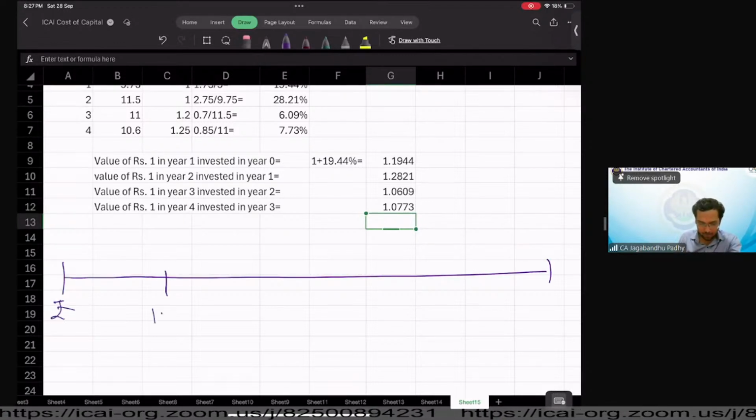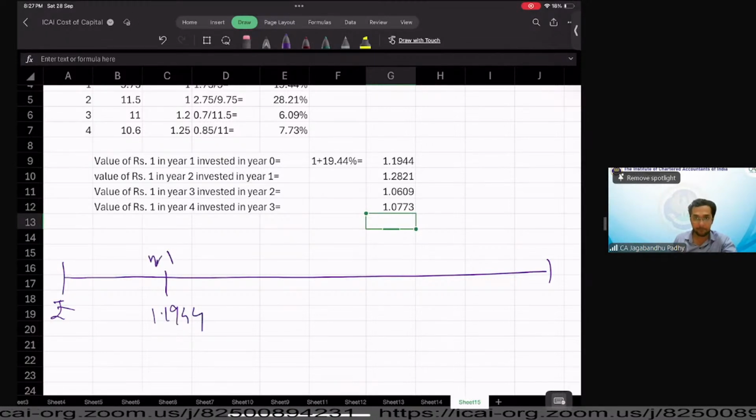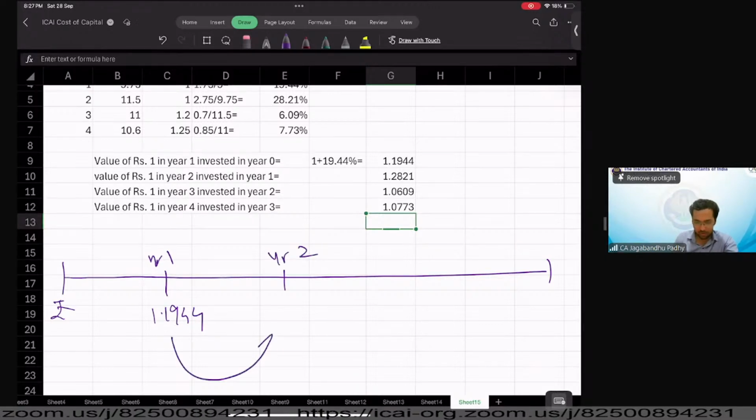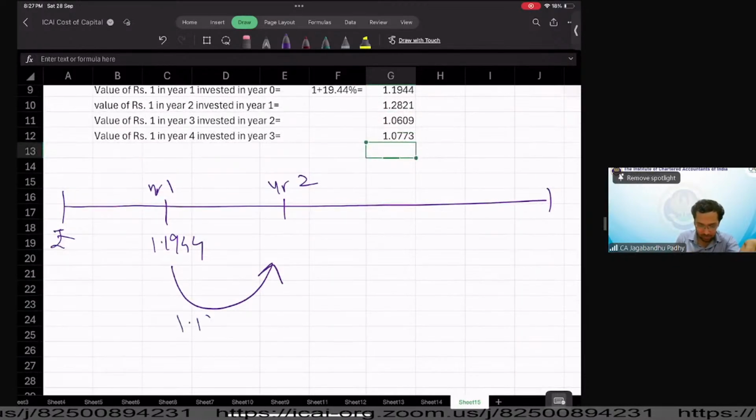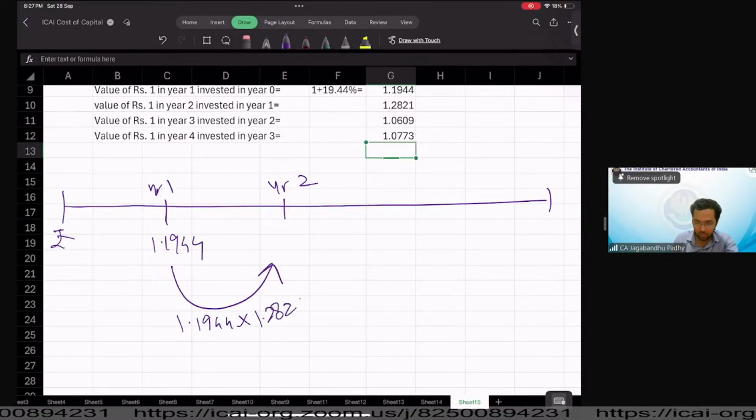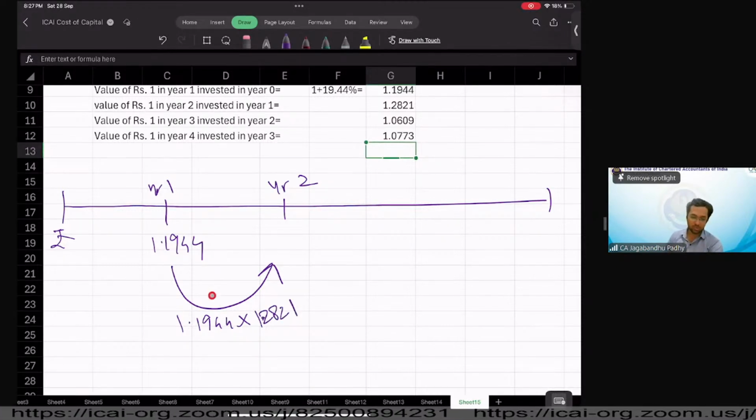₹1 will become 1.1944 by year 1. Tell me, by year 2, can I say this 1.1944 will further get increased by 1.2821, because in the second year you are earning a return of 28.21%. So the value of one, which has become 1.1944, will further get multiplied by 1.2821.